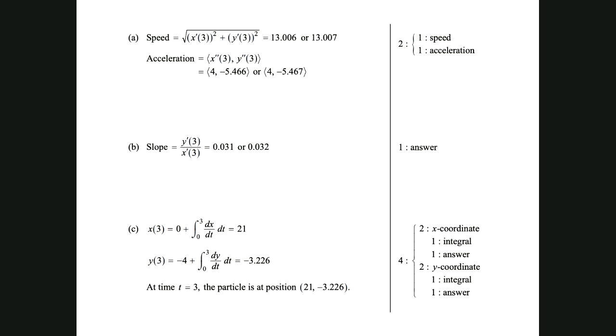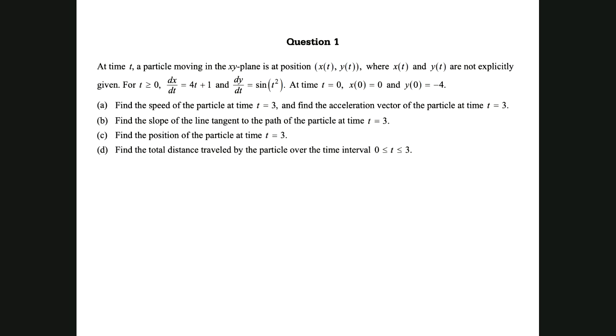So here is the work that was given for that AP question. Speed, acceleration. I'm just going to plug this into my calculator because that's just a second derivative, right? The particle at time t equals 3.